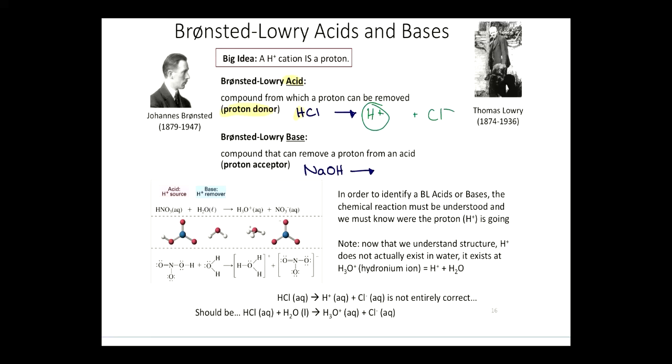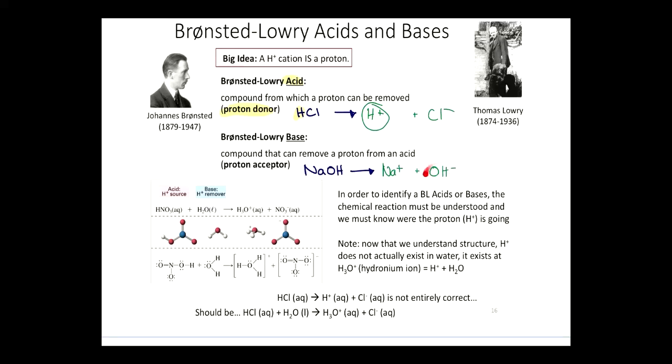On the other hand, a Bronsted-Lowry base is a substance where a proton is accepted, all right? It's a substance that accepts a proton from something else. So we know that sodium hydroxide is a base, but why is it a Bronsted-Lowry base? Well, when you dissolve sodium hydroxide into solution, you get sodium plus and hydroxide minus.